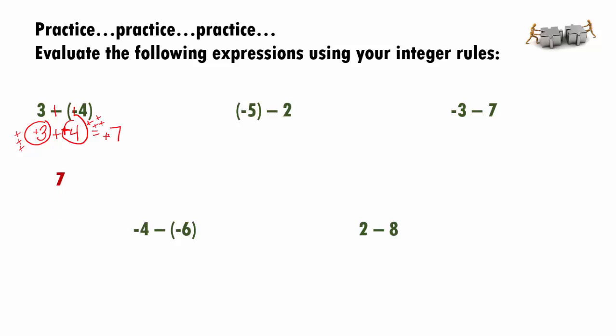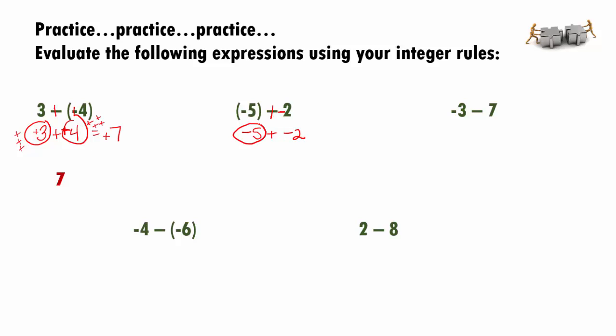Take a look at the second one. You need to change the subtraction statement to an addition statement, and then we fall back on our rules for addition. So how do we change our subtraction statement to an addition statement? We change subtraction to addition, and we change the sign of the number being subtracted. So this actually becomes -5 plus a -2.